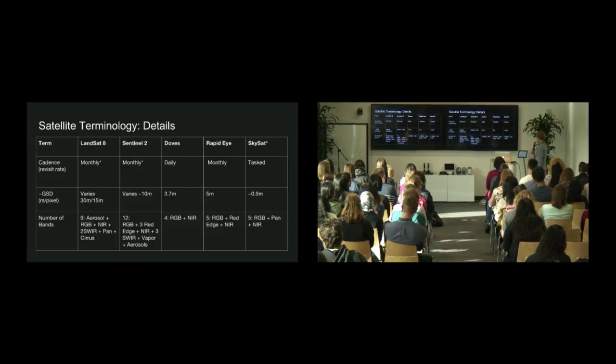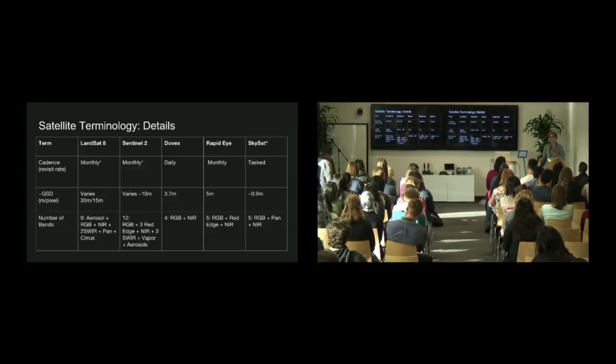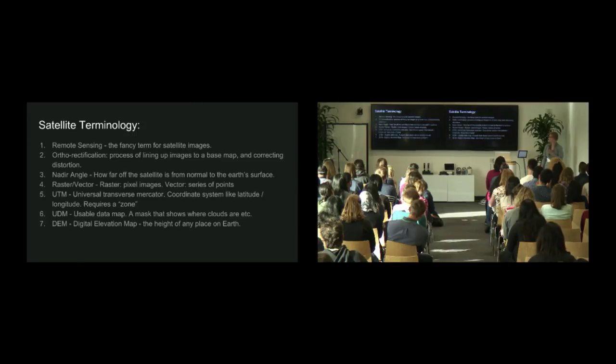That's where we're headed. And then some other satellites like our SkySat are tasked, which means someone can tell them where to go. But the PlanetScope satellites are the most exciting. They are orbiting the Earth, capturing imagery of the entire Earth's landmass every day.